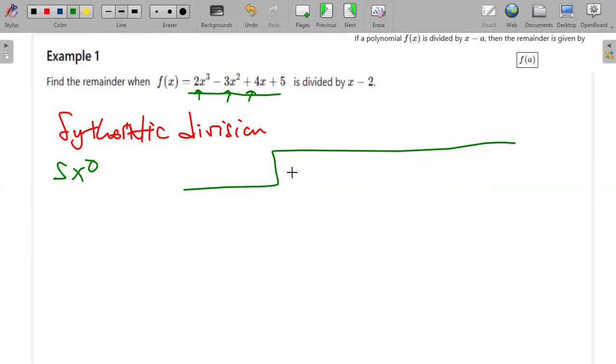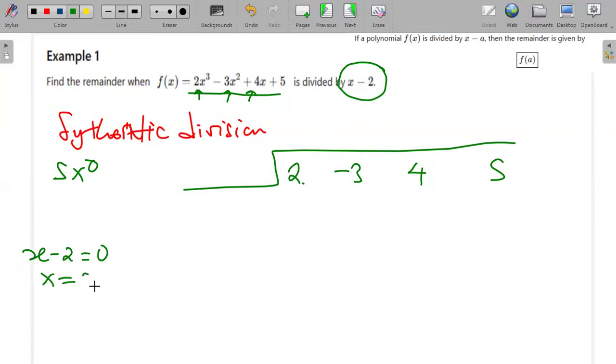Make sure always that the coefficients are from a polynomial that is dropping down smoothly, where the powers are reducing by 1. So for this one, it is 2, then minus 3, then 4, then 5. And then this guy that is dividing, I'm going to equate it to 0, and so x here is going to be equal to 2. So I'll put 2 here.